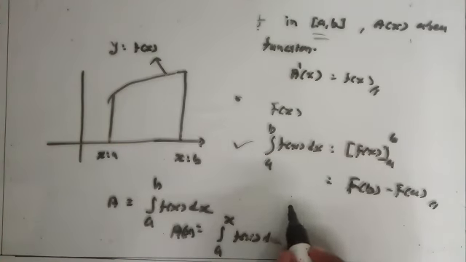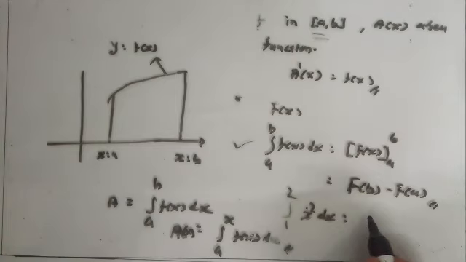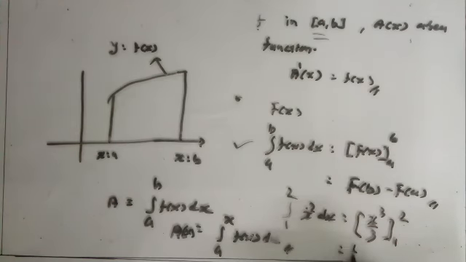That means if we have the integral from 1 to 2 of x square dx, how do we find this integration? Integration of x square is x raised to 3 upon 3. Now apply the limit 1 to 2. So it equals 1 by 3 times 2 raised to 3 minus 1 raised to 3.